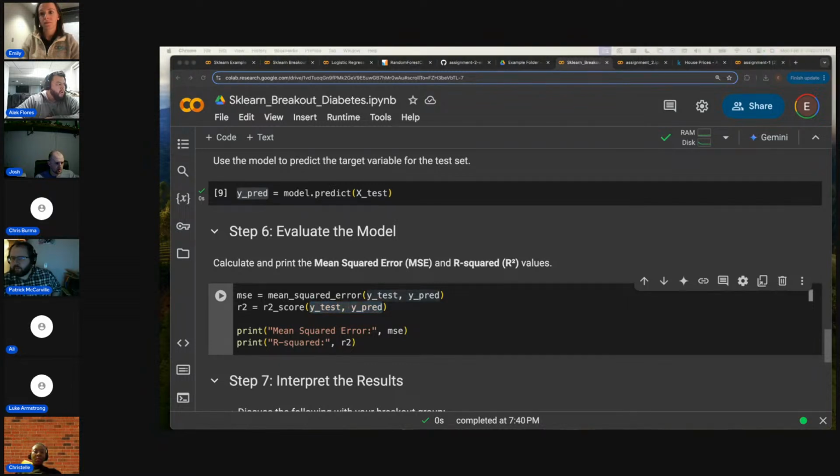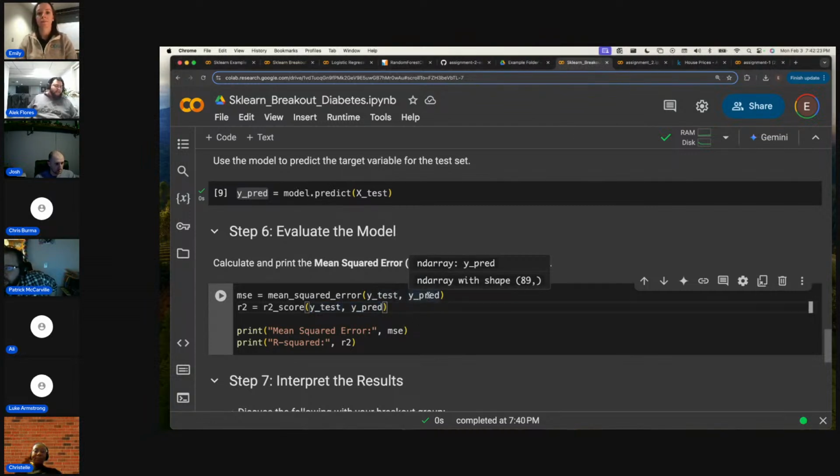I mean, we just put y_pred into the predict for the X-test, and we haven't used the y_test yet. And since we're calling X-test and now we're comparing it with the y_test, that seems like the logical choice for me. That's exactly it. So we're comparing y_pred, which is what our model predicted, versus our ground truth answers.